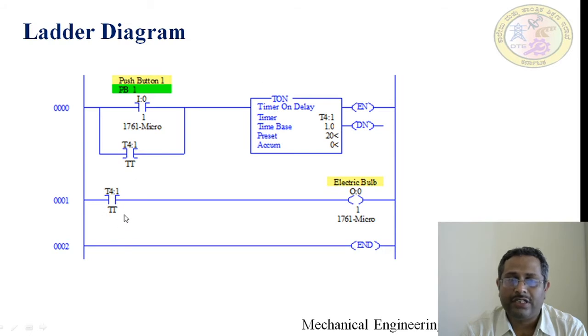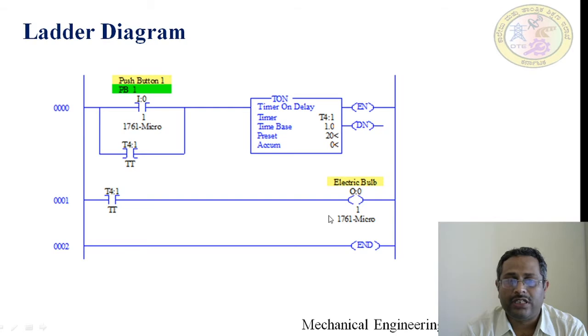Here, how will it work? When you switch on this bit, this contact will be closed and the timer starts counting, because we are using the TT bit. This will close and the electric bulb will be turned on. Once the accumulated value reaches the preset value, this closed contact will open and the electric bulb will be switched off automatically.